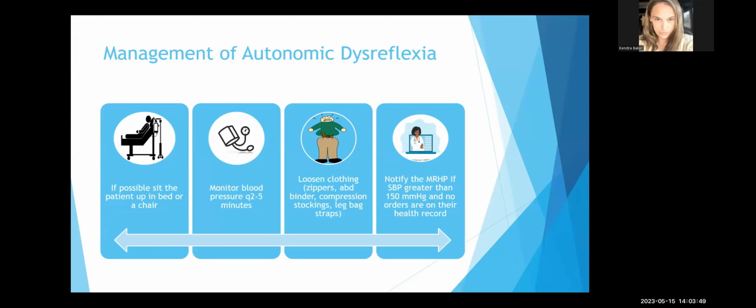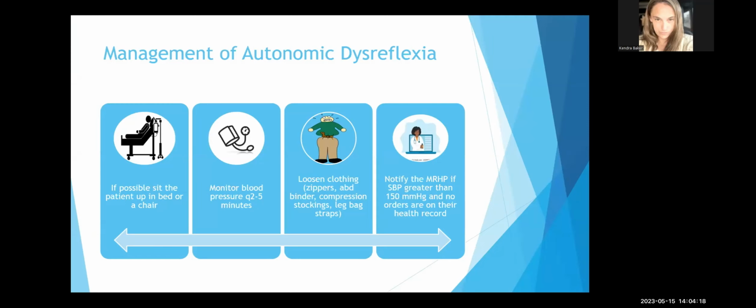So these strategies can be applied in any setting, whether you're working in the hospital, in an emergency department, urgent care, or in the community. So if you think your patient, or if your patient self-identifies as having AD, the best possible position for them is to be sitting up in the bed or the chair. You're going to want to be planning to monitor their blood pressure every 2 to 5 minutes.